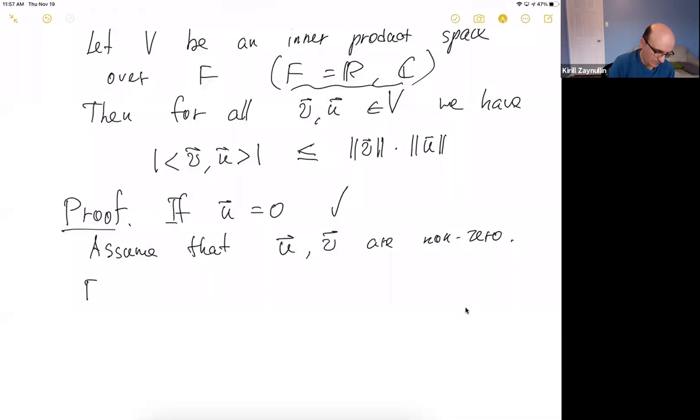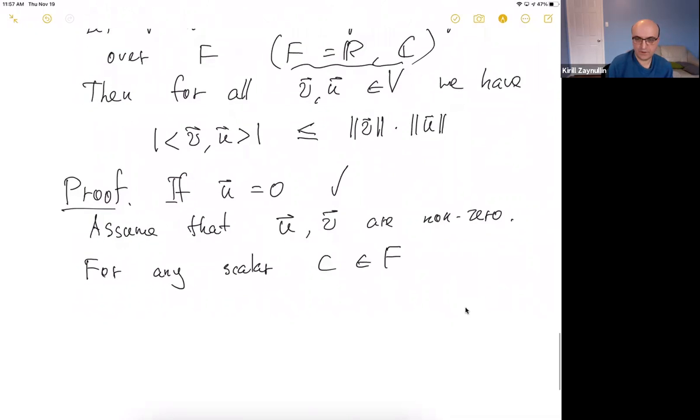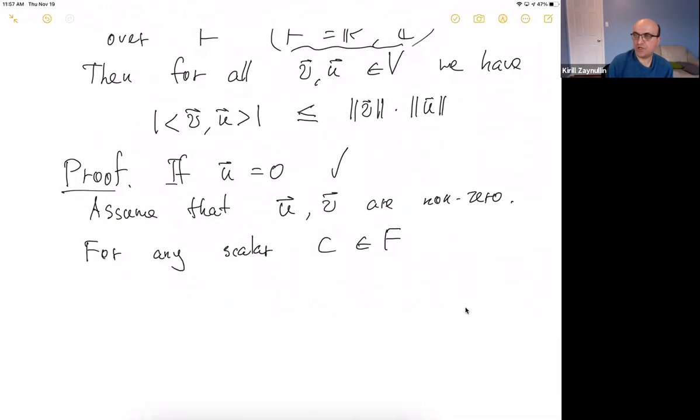So now, let's just take any scalar c from our field. What do we have? We have the following chain of inequalities. First of all, clearly, the square of the length of the vector v minus cu is always greater or equal than 0, because that's a length, and now you take a square, so it's not negative.